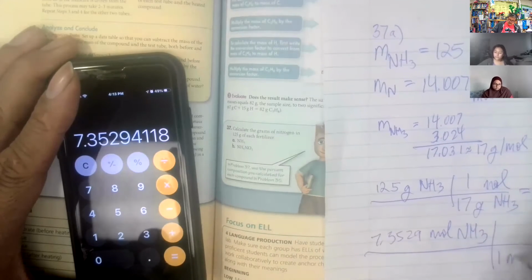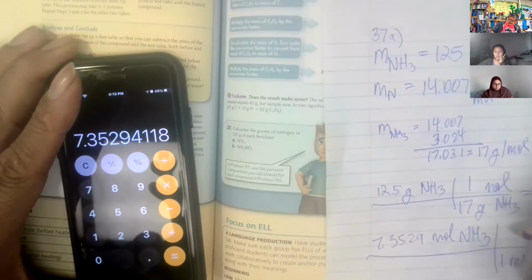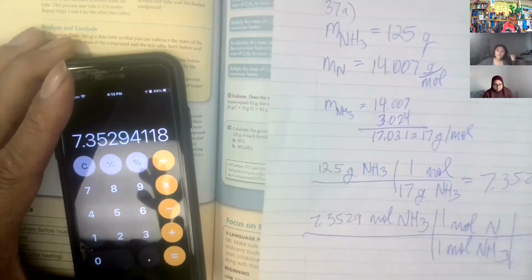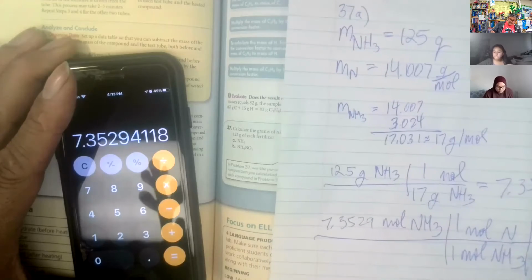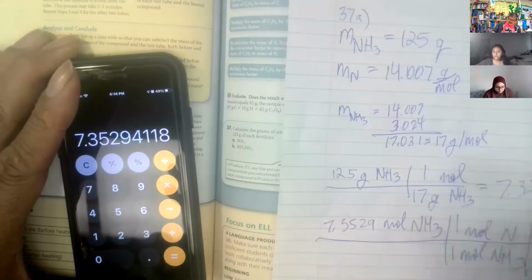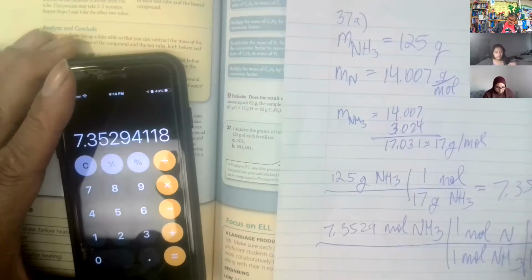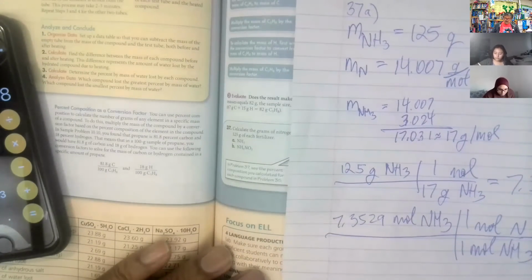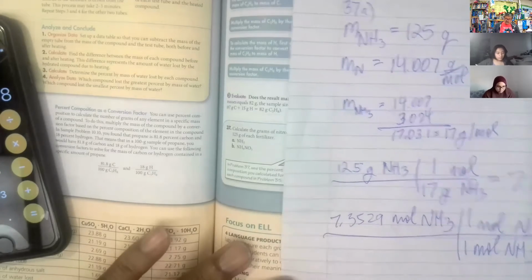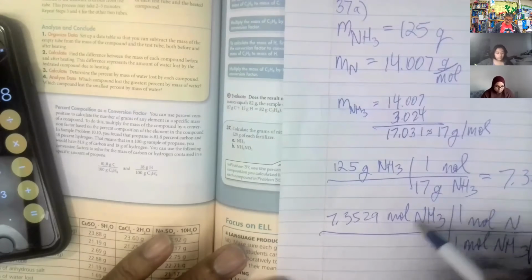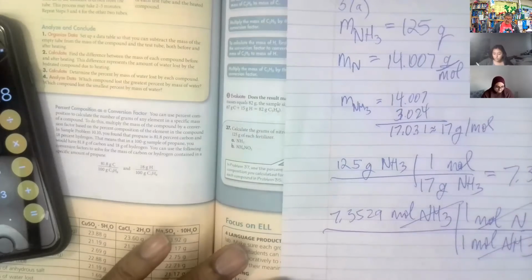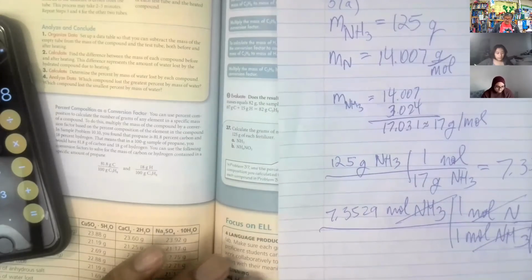For every mole of NH3, I have 1 mole of N, and 1 mole of N weighs, we just figured out, 17 grams. Righty. So how much do I have? Well, these all cancel out. This is moles of NH3, moles of N, grams of N, which is what I want my answer to be in.